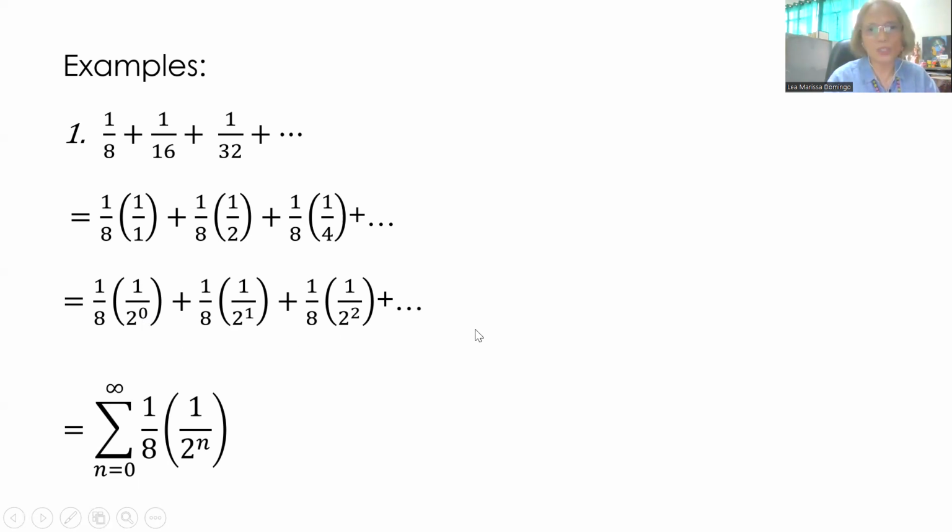Kasi hindi natin alam kung saan siya mag-end. Okay? So, the sequence 1 over 8 plus 1 over 16 plus 1 over 32 plus ellipsis, tawag diyan ellipsis, no? can be expressed as the summation of 1 over 8 times 1 over 2 raised to n, where n equals 0 to infinity.